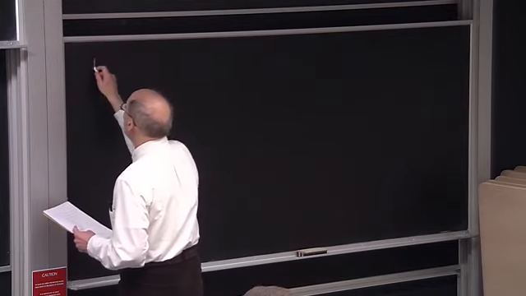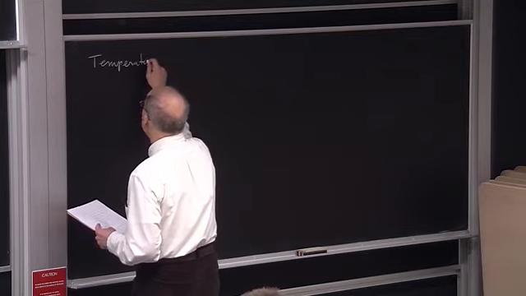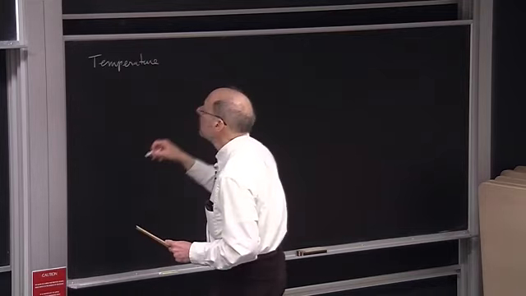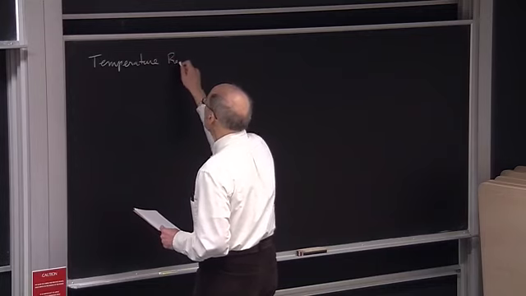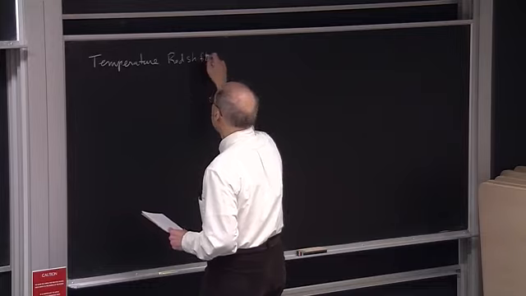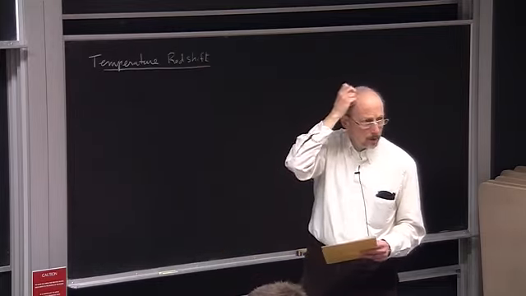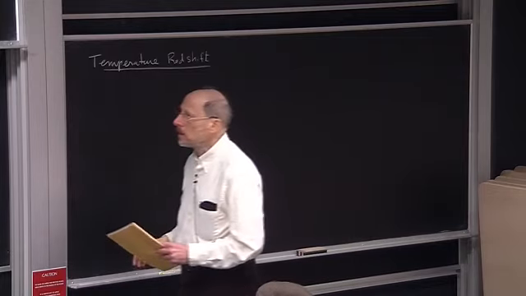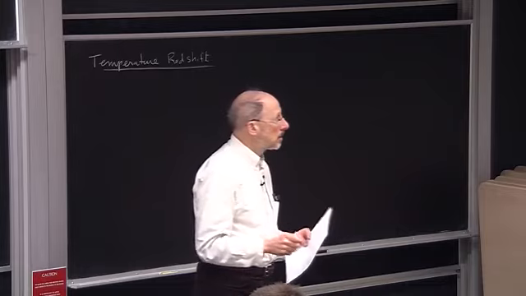The next thing I want to do is apply some of the things we've just learned about conservation laws and killing vectors to thermal equilibrium in a stationary gravitational field. So, for example, thermal equilibrium in a, I don't know, what's a good example?